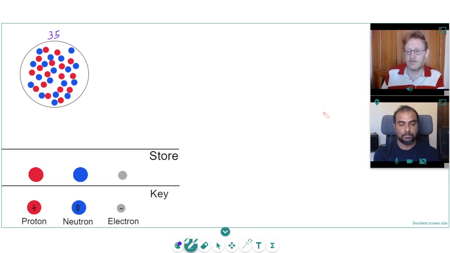If there was equal amounts of chlorine 35 and 37, we'd have a relative atomic mass of 36, but we don't. We have a relative atomic mass of 35.5. So there must be more chlorine 35 than chlorine 37. And from experiments, we do know that there's actually 3 times as much chlorine 35 than there is chlorine 37.